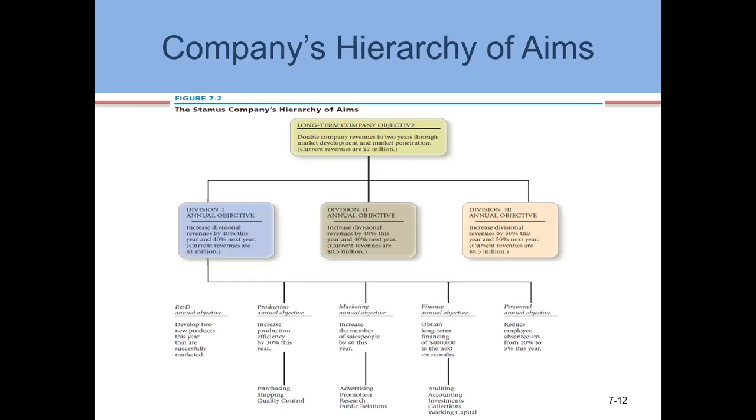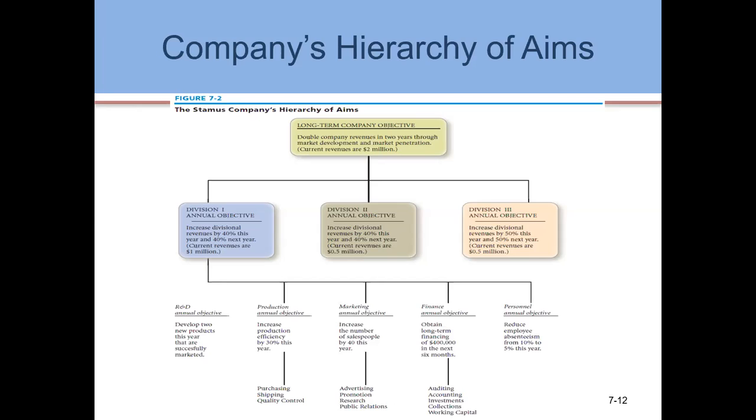So let's look at the company's hierarchy of aims, that is, how those objectives are developed at the corporate level, then at the business level, and then at the functional level. For example, when we look at long-term company objectives, we may say that the objective of a given company is to double company revenues in 2 years through market development and market penetration.